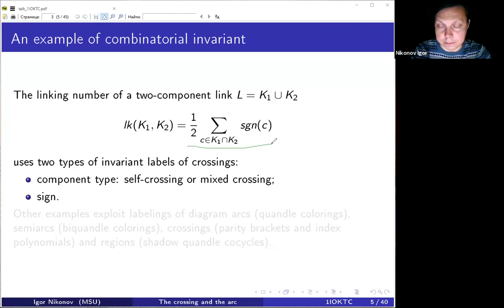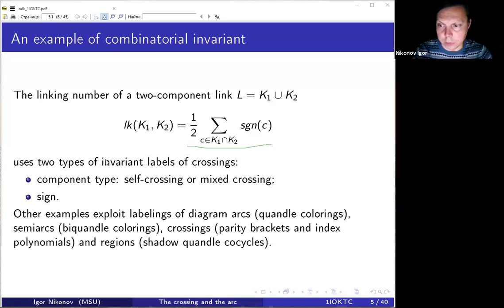On one hand, we distinguish between self-crossings of one component and mixed crossings. And on the other hand, we have the sign of the crossing. And if you look at these characteristics of a crossing, you can see that these labels are invariant under Reidemeister moves.